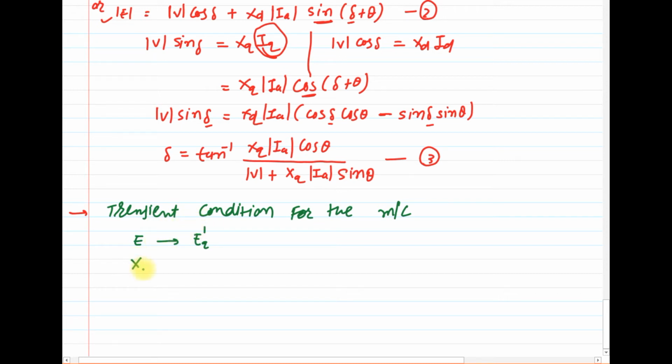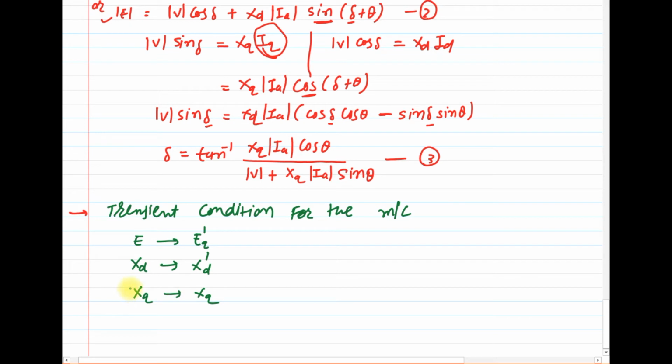Then XD will transform to XD dash. XD shows the steady state direct axis reactance, and XD dash shows the transient direct axis reactance, and XQ will remain as XQ.